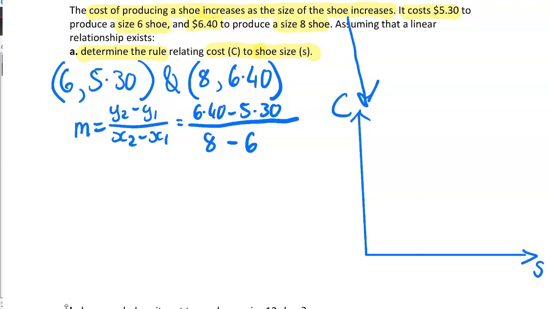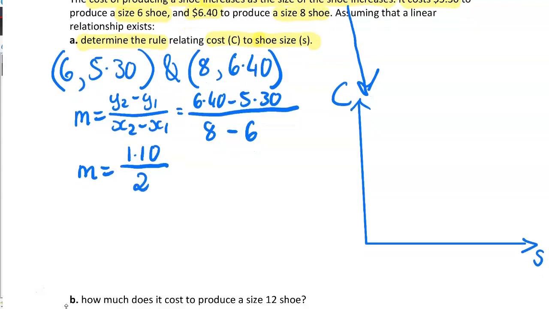I'm still keeping it to 2 decimal places though, but I'm taking out the dollar sign because we don't need that for our mathematical workings. You can use a calculator to help you out here. But that $6.40 take away $5.30 is $1.10, over 8 take 6 is 2.